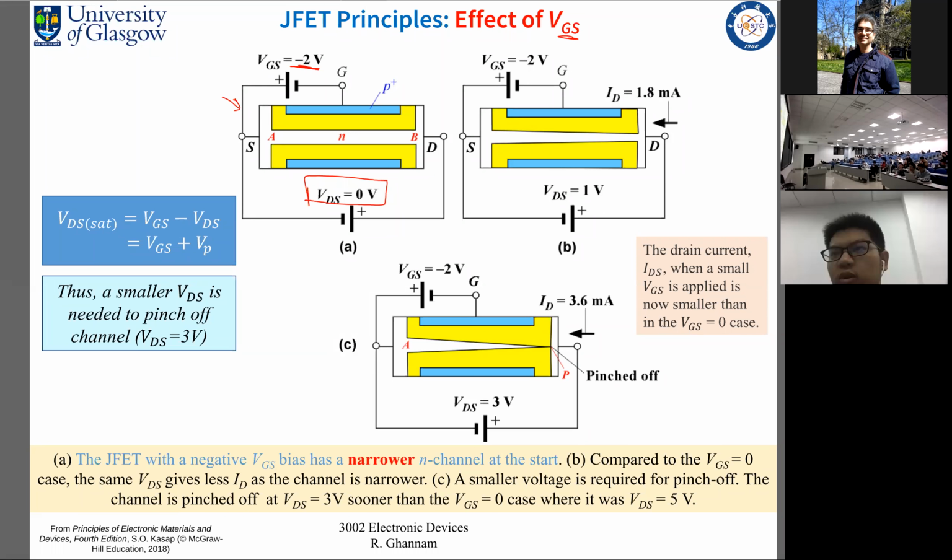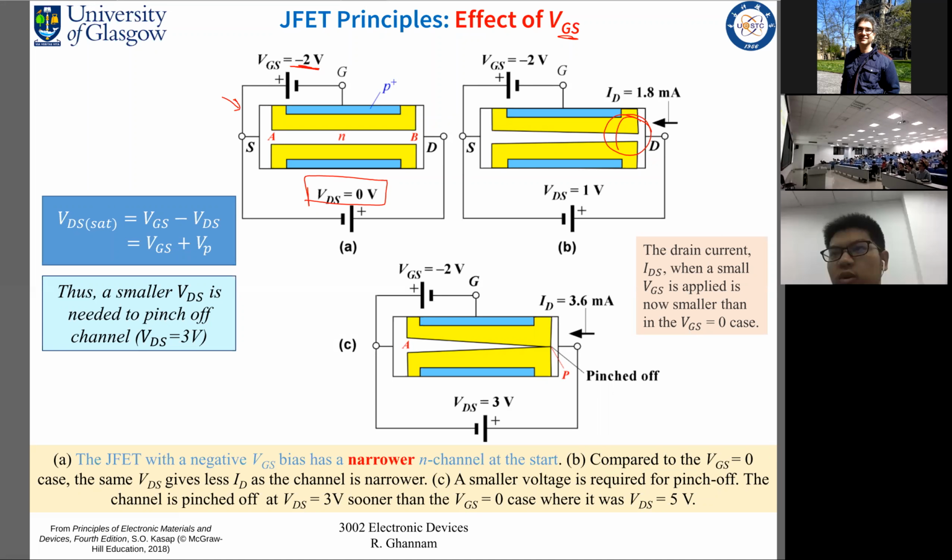Now, when VGS is minus 2 volts, we start to increase VDS. So now we've increased it to 1 volt. There is now some current flowing between the drain and the source. As we discussed, the depletion regions in the area closest to the drain start to become closer together, and there is a narrowing in the channel.